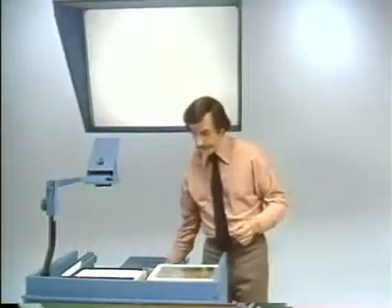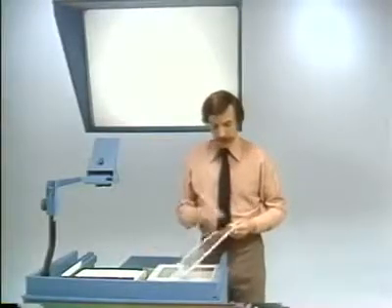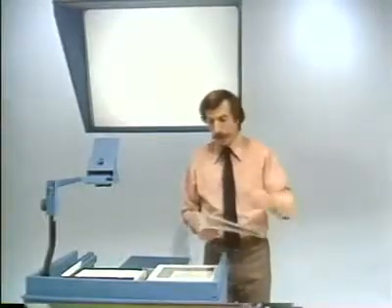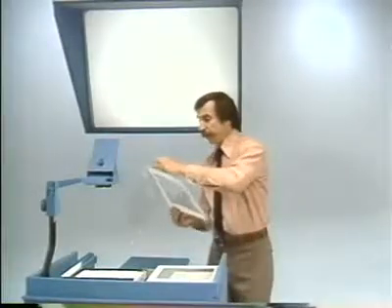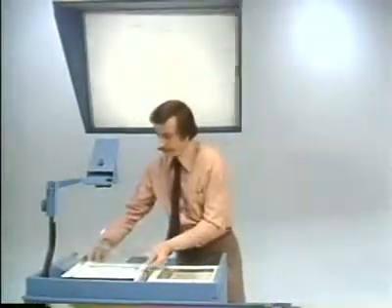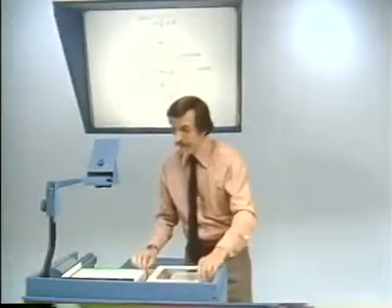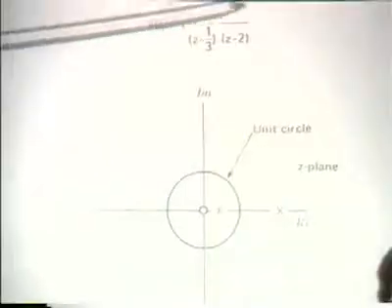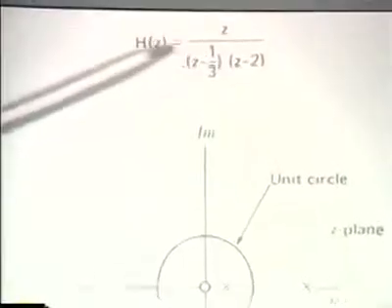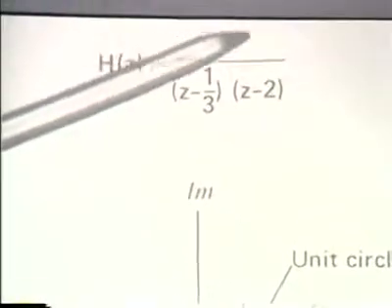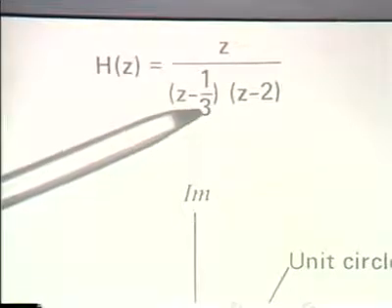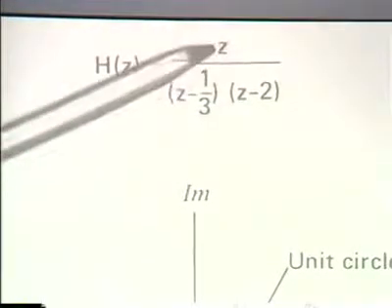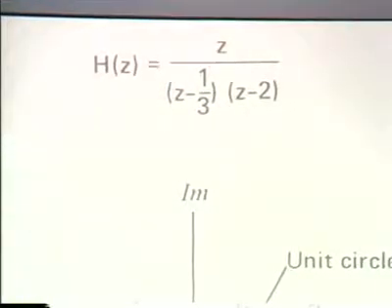So, for example, let's say we had a system with a system function as I indicate here, with the algebraic expression for the system function being the expression that I indicate here, with a pole at z equals a third and another pole at z equals 2 and a zero at the origin.